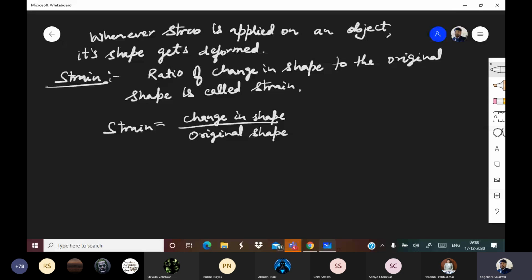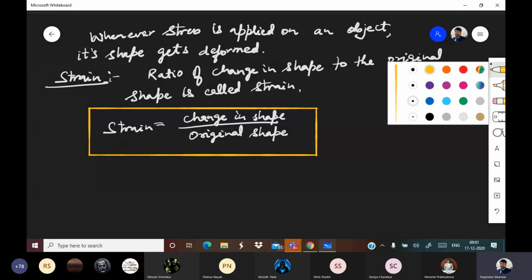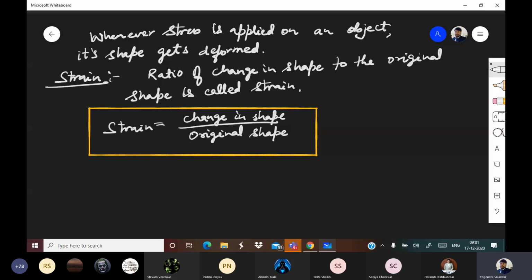If you notice, the change in shape and original shape both have the same dimensions. So strain will be a dimensionless quantity.